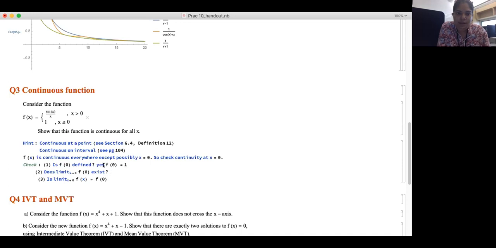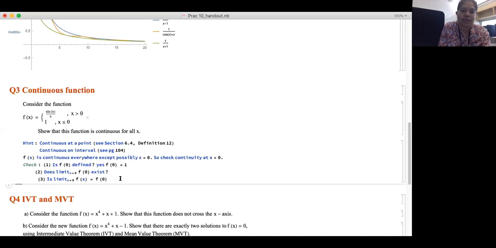Okay, we know that f of 0 is defined. Does the limit as x goes to 0 of f(x) exist? Yes, it does exist. And is the limit as x goes to 0 of f(x) equal to f(0)?